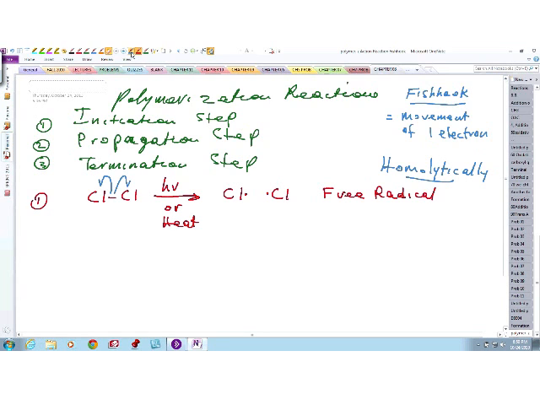Now this free radical reacts with an ethylene molecule.